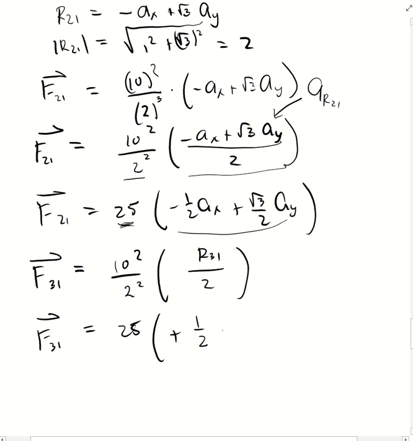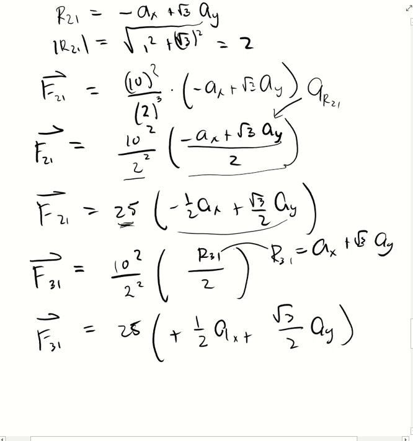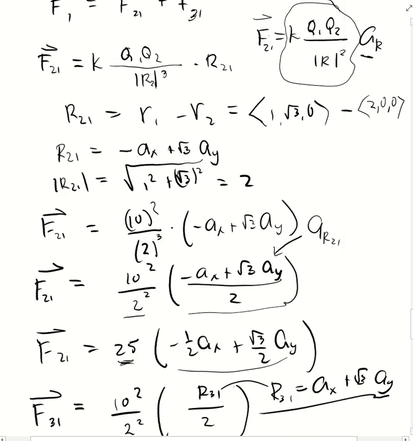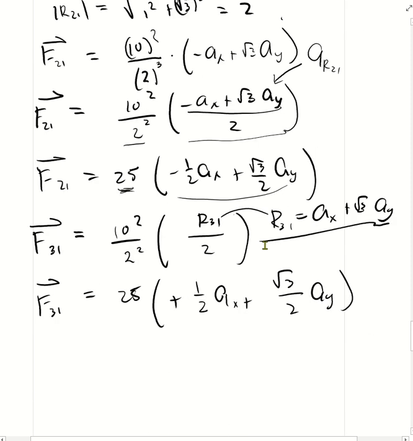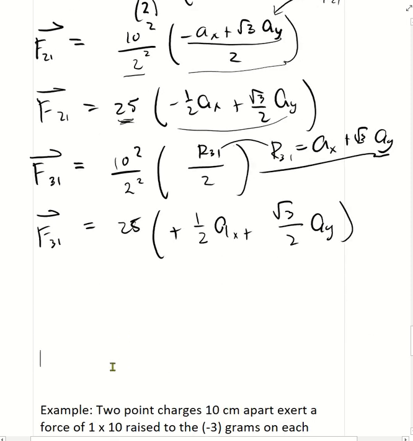Instead of negative, it's positive 1 half AX, then plus square root of 3 over 2 AY, where R31 is equal to AX plus square root of 3 AY. Where does this come from? It's the same as R1, which is this one, 1 square root of 3 here. This is AX and this is AY. So that is now our F31.